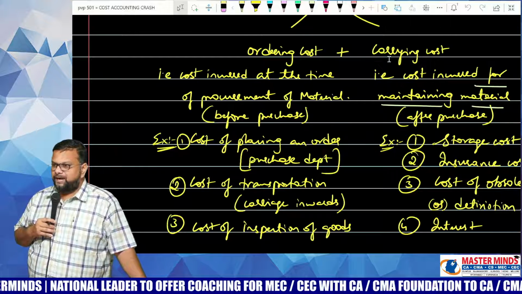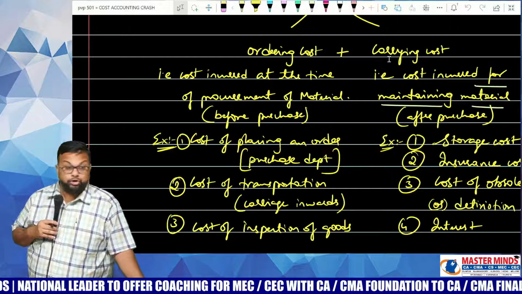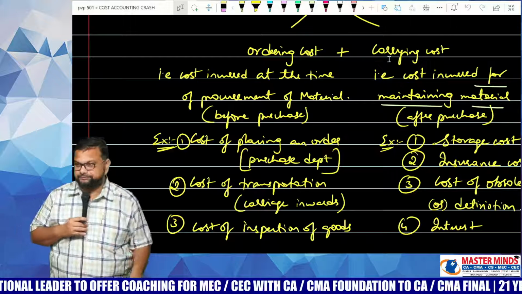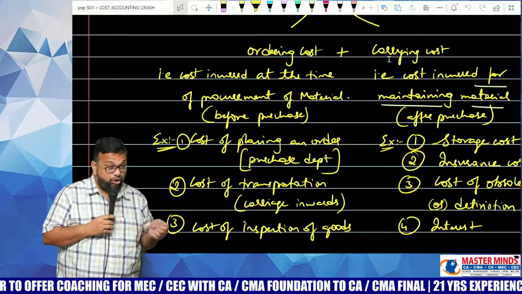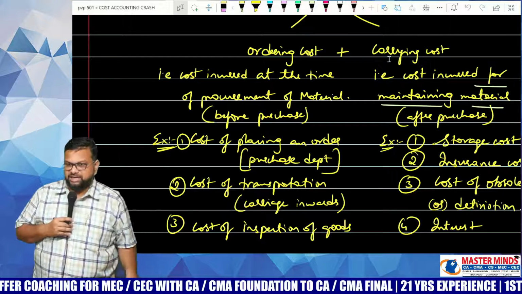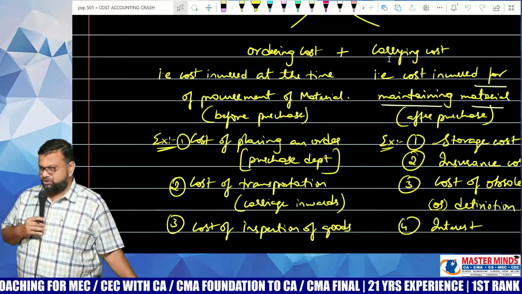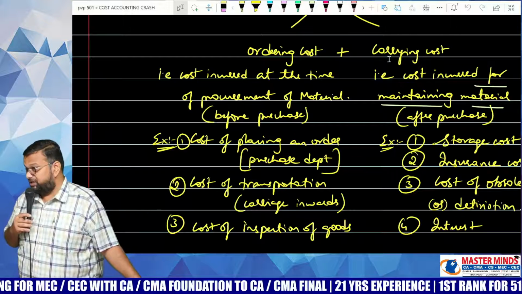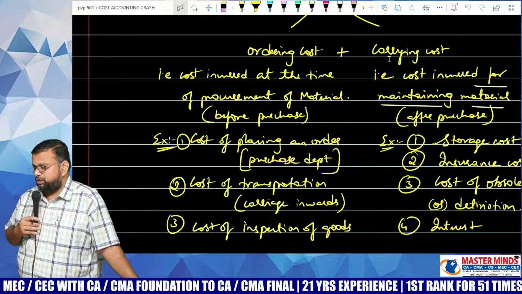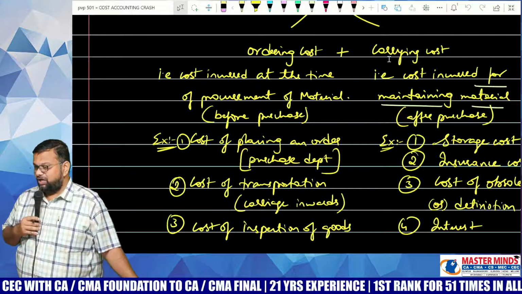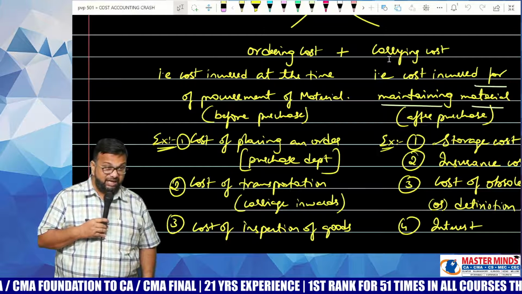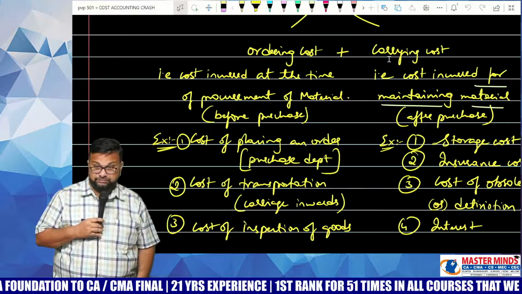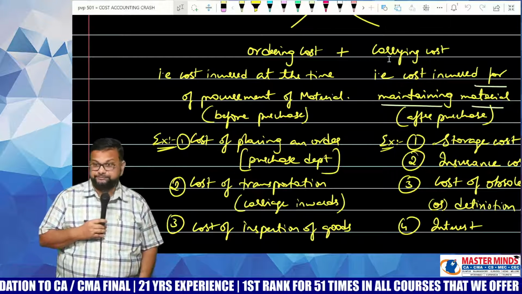Now, the production department will go to the stores department to get the material. Basically, the production department will issue a material requisition note. It's a request letter asking the stores department to issue so and so material. If material is available, the stores department will issue. If material is not available, then the stores department will raise a purchase requisition to the purchase department.